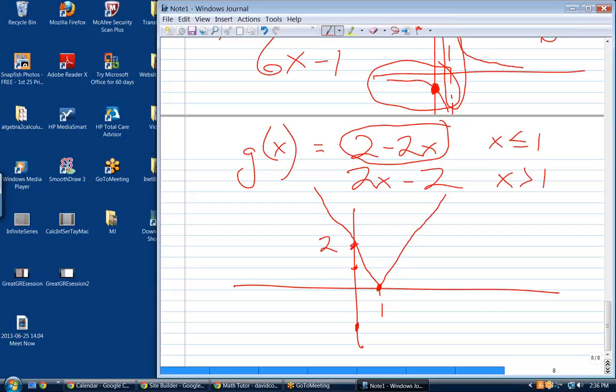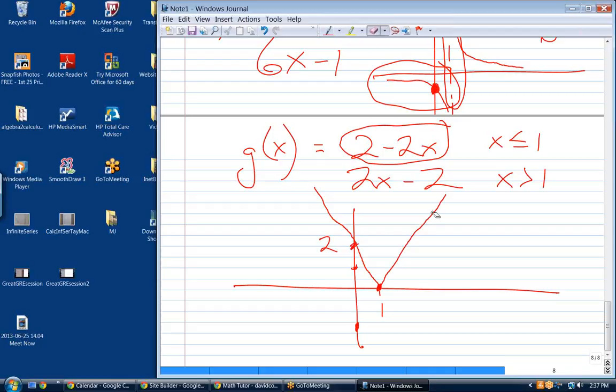The question is, find all points of discontinuity of the given function. If a quantity does not exist, enter does not exist. Does not exist. There's no discontinuities with this. There would be a discontinuity if they weren't the same value at the number 1.